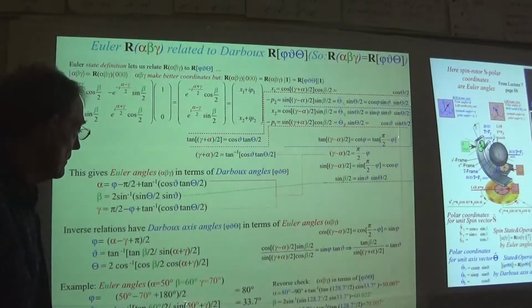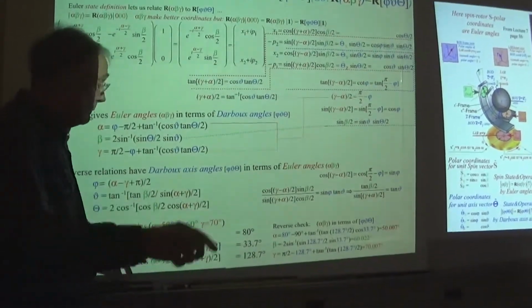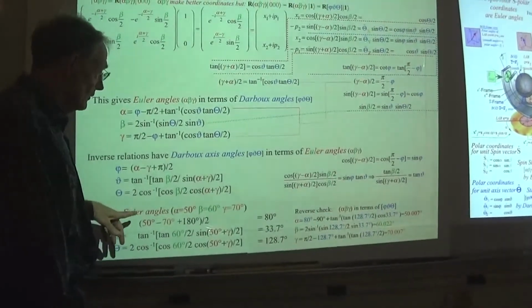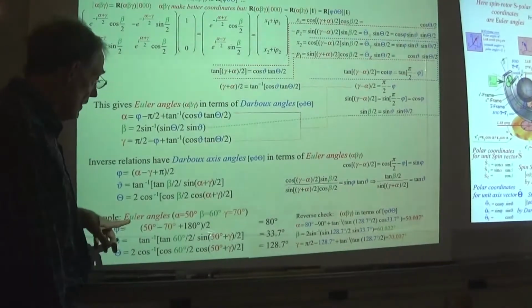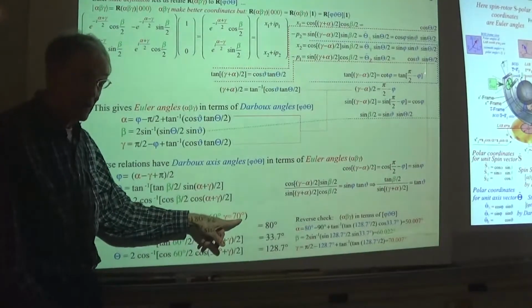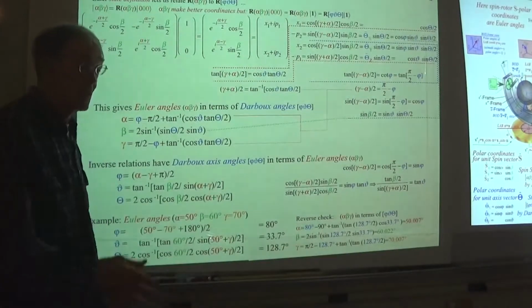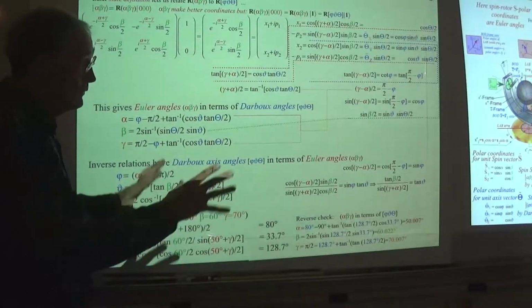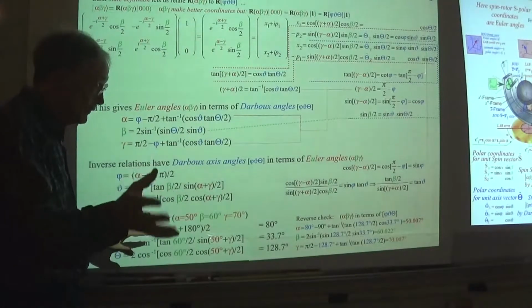Okay, so we're going to look at an example where I set the Euler angles for this gadget to 50, 60, and 70. So I'm going to set the dials to 50, 60, 70. I'm going to do a picture of it. Maybe we can actually do it.